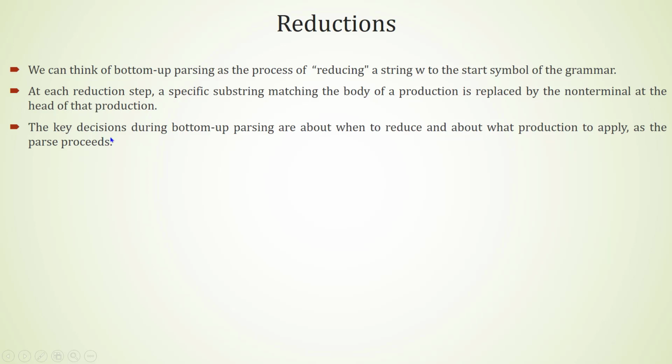The key decisions during bottom-up parsing are about when to reduce and about what production to apply as the parse proceeds. So here we have a number of productions, and also some intermediate steps. What we have to decide here is when to reduce a substring and which production we have to apply.